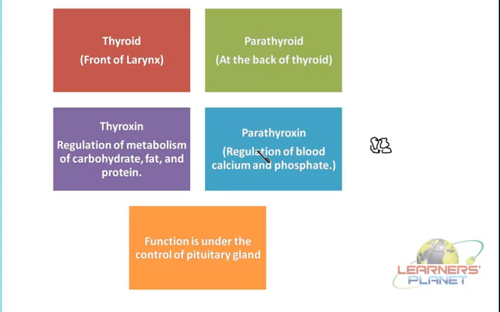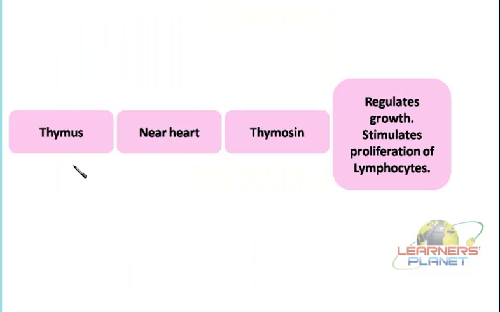Calcitonin is a hormone, right, which is secreted by the parathyroid, and this calcitonin regulates the metabolism of calcium and phosphate in the blood. And thus we say that this parathyroid is linked with or associated with the metabolism of calcium and the phosphate molecules. Again, this function is under the control of the pituitary gland.